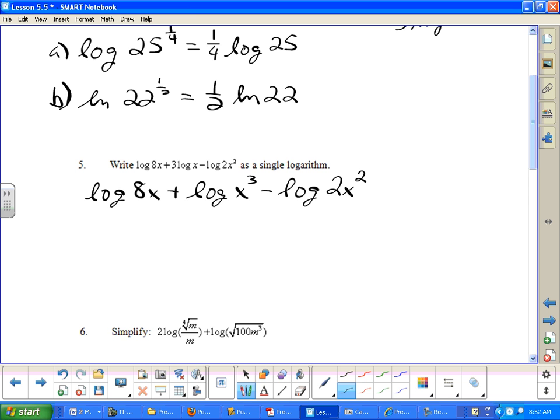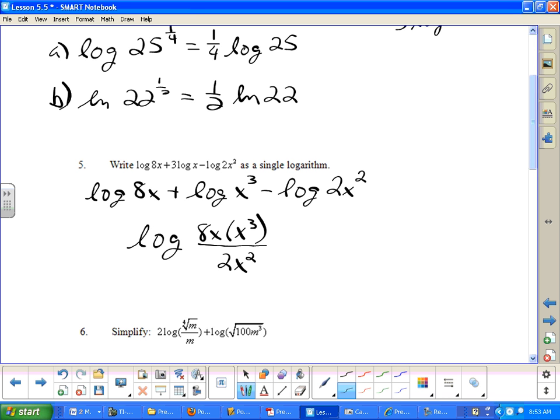All right, so now anywhere we have a plus, we multiply, and a minus we divide. So we have the log of 8x times x cubed, because those are added, so they're multiplied together in the numerator. And since I have a minus log of 2x squared, that 2x squared goes in the denominator. Notice I only have one single logarithm now.